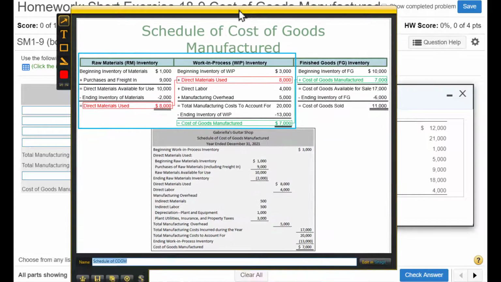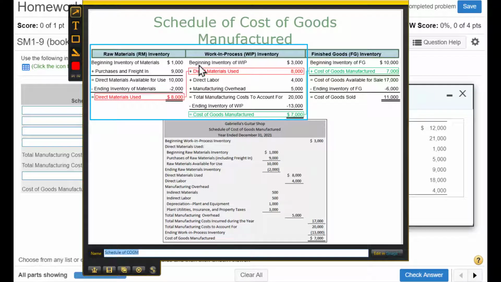Oops, I forgot to explain the rest of this. Notice we start with beginning inventory of work in process right here. And then we add direct materials used. How do we calculate direct materials used? It's beginning raw materials inventory, in other words, this info here. Beginning inventory of raw materials plus purchases and any shipping costs to get the raw materials to our place of business gives us the direct materials available for use.